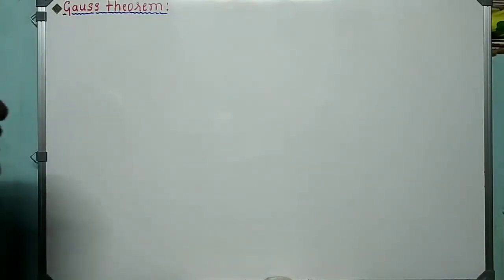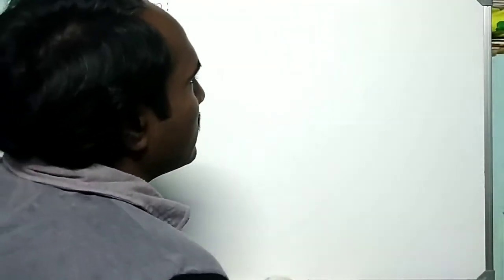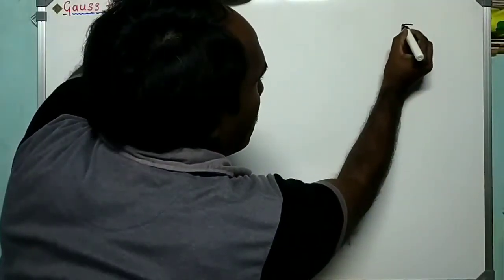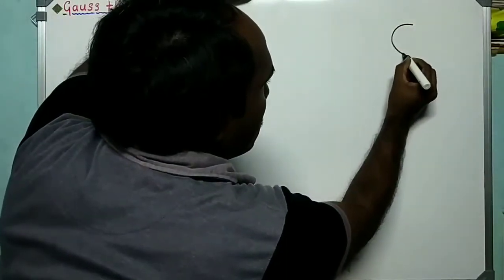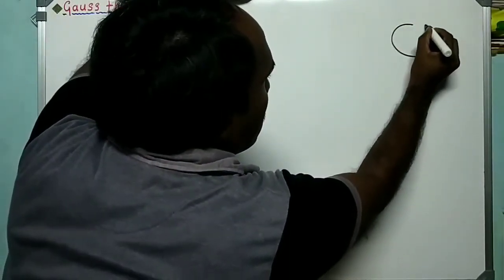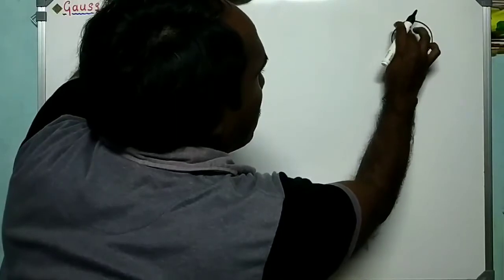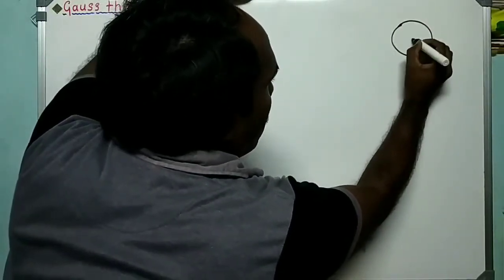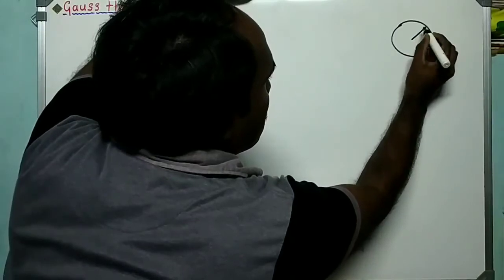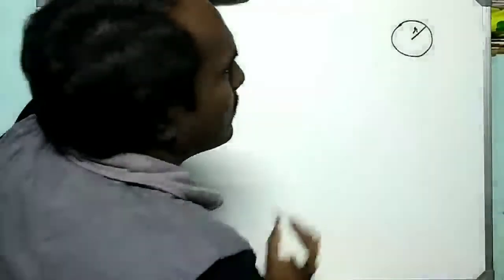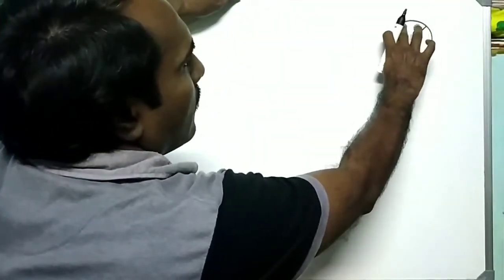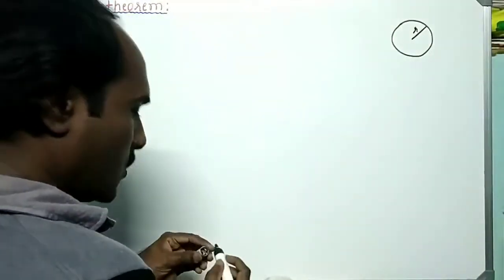Okay. See here, now I will consider a spherical conductor here. This is the spherical conductor of radius R. Okay.